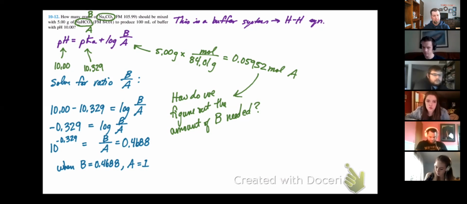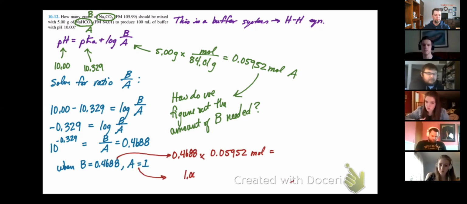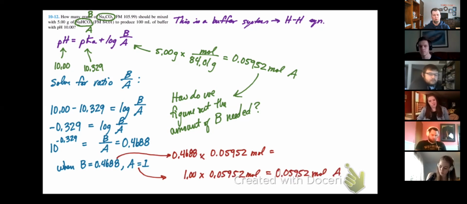But what I did from here was write an expression that helped me understand what those two values mean. What they mean is that 0.4688 times the number of moles that I solved for above would tell me how many moles of B, and 1 times the number of moles above would tell me how many moles of A, right?